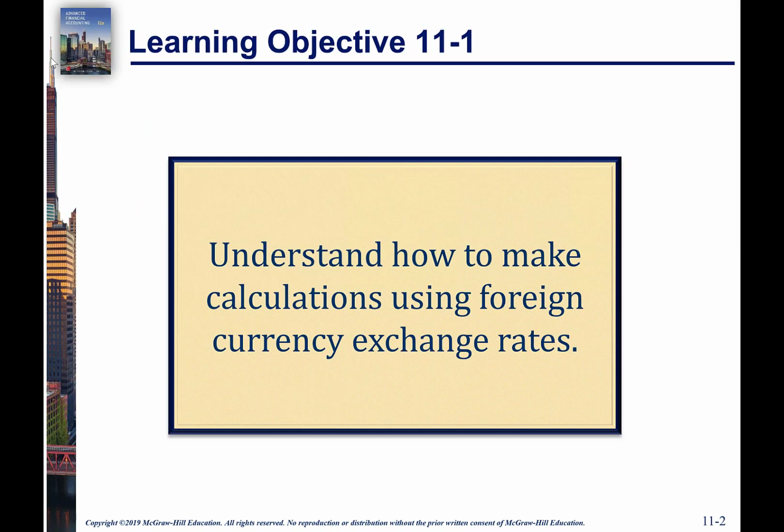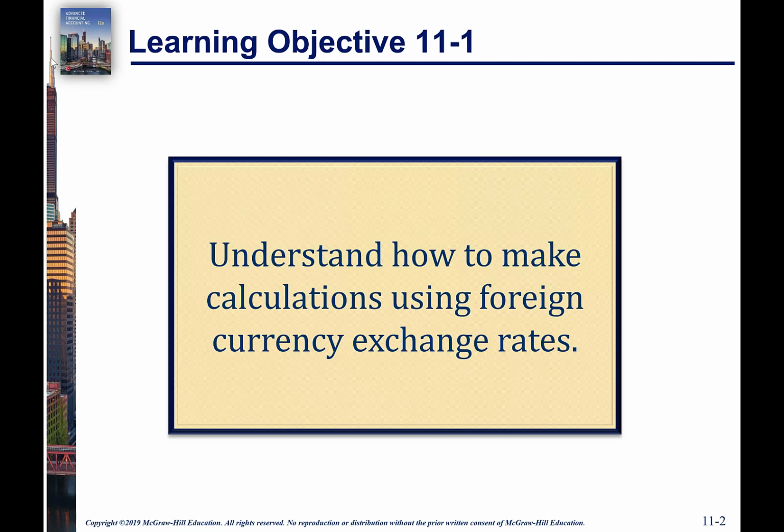Okay, so let's just go ahead and focus on a couple of different things in this chapter. Foreign currency transactions, and also what happens if we have a foreign subsidiary and we want to consolidate. We'll assume a U.S. parent and a foreign subsidiary, say an English subsidiary, and that they want to consolidate those financial statements into the financial statements of the parent.